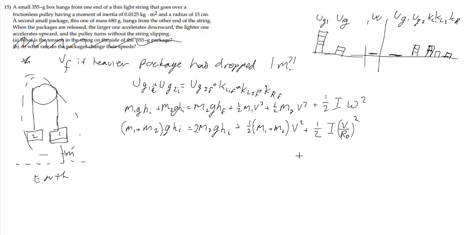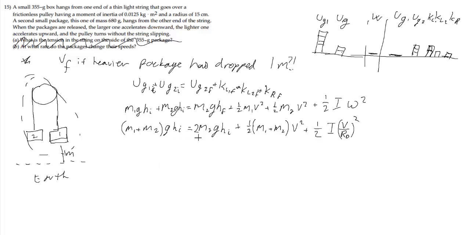So let's start combining like terms. I'm going to combine the two terms here that have the v squared in it, and I'm also going to move this over to this side.